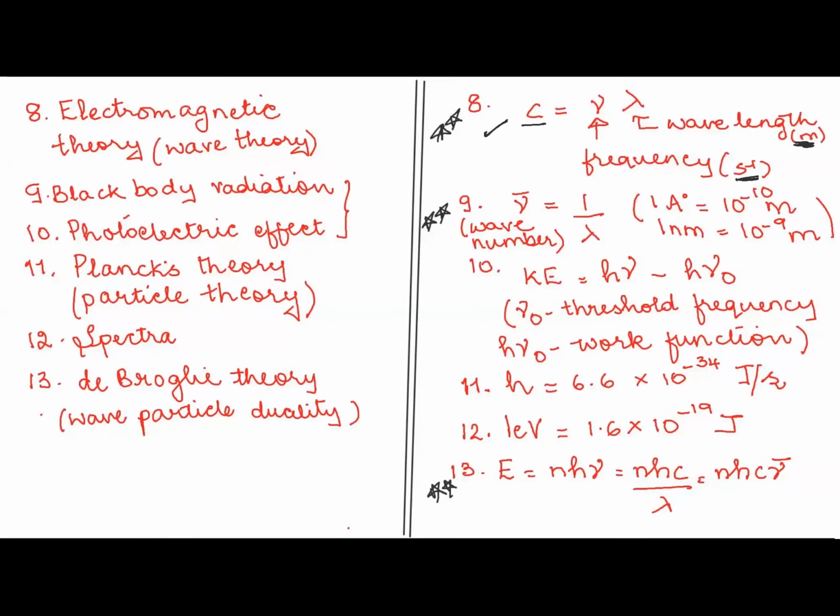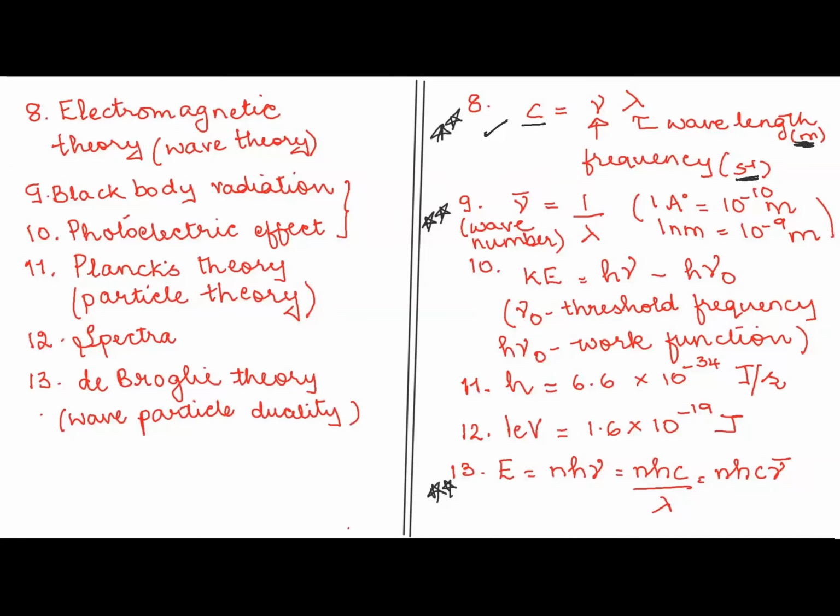One more important formula here is nu bar equal to 1 by lambda. Nu bar is wave number and its unit therefore will be meter inverse, because lambda is length, meter, and wave number is the inverse of that.